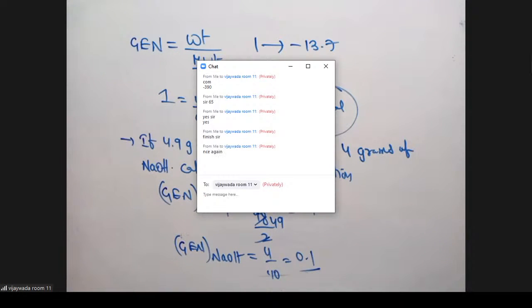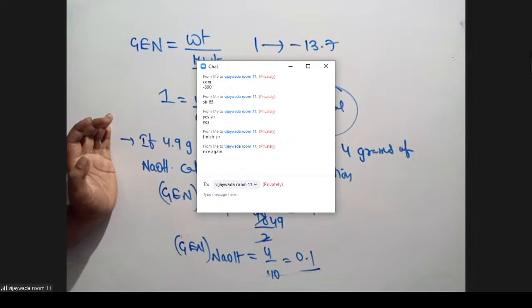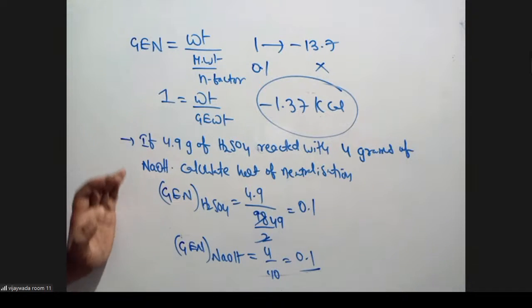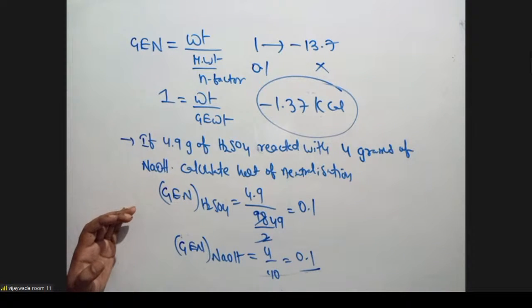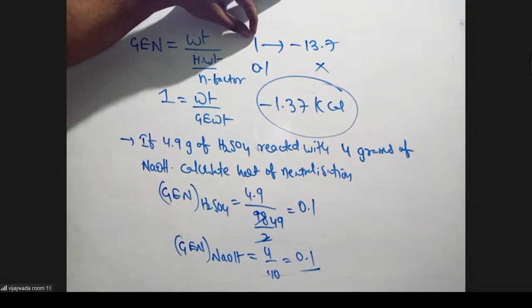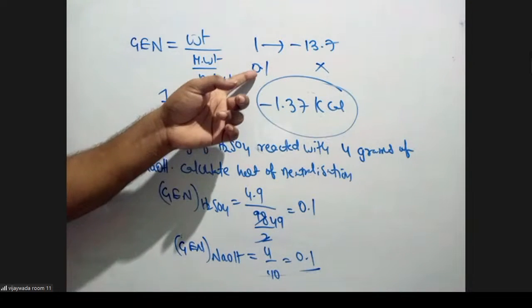So very easy, students. Very easy. Given amounts converted into gram equivalent number first of all. Then we know that for 1 gram equivalent number, amount of energy released is minus 13.7. For 0.1, how much?